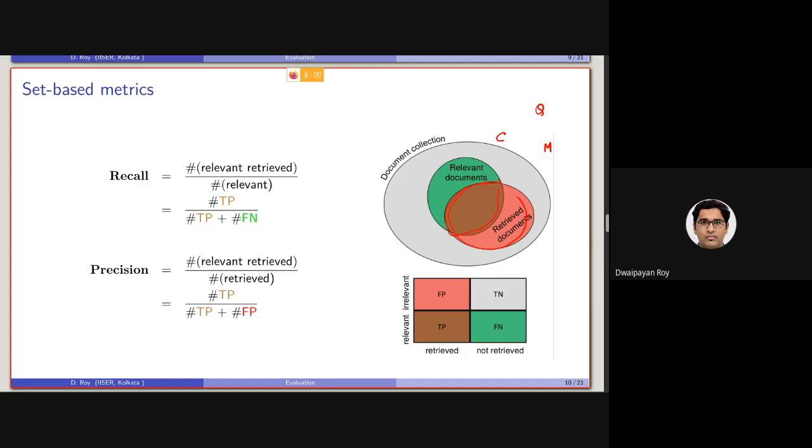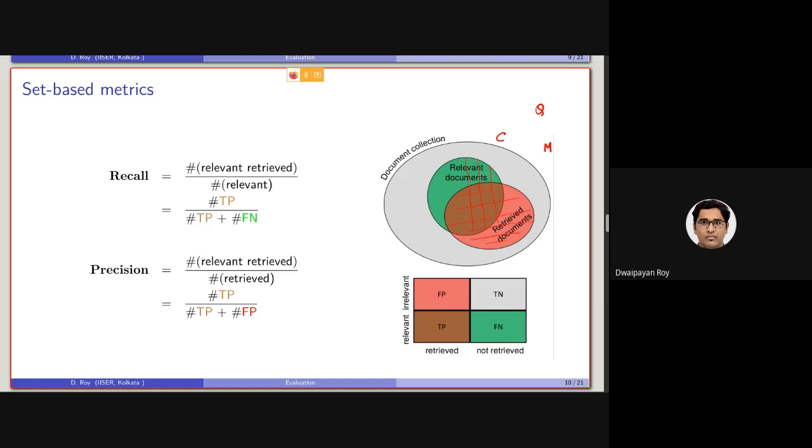And this much of the relevant documents are present in the collection, but are not being retrieved by the retrieval model. So again, if we consider this Venn diagram, this is the entire set of retrieved documents, and this is the set of documents which are relevant.